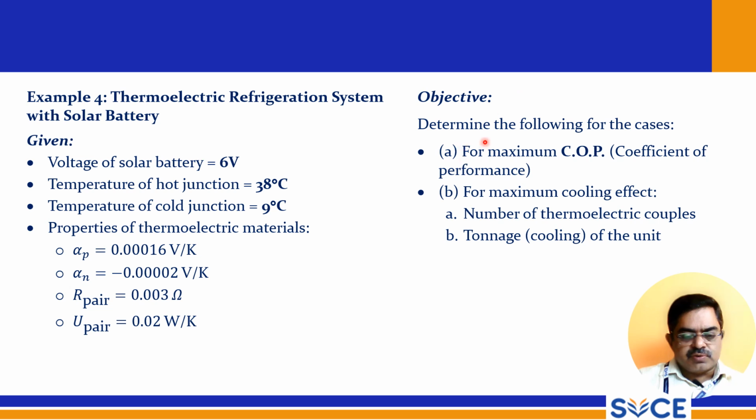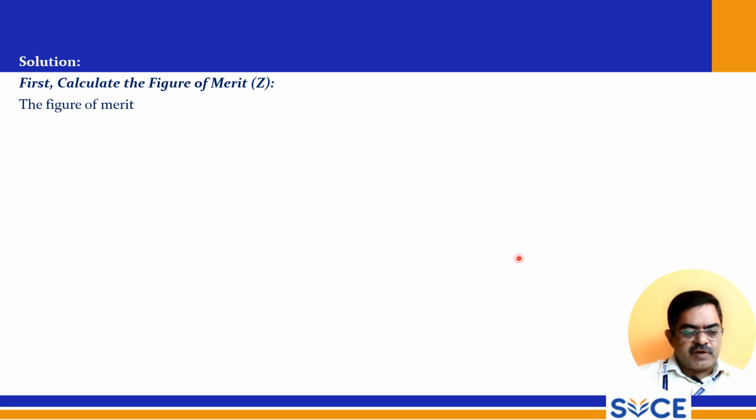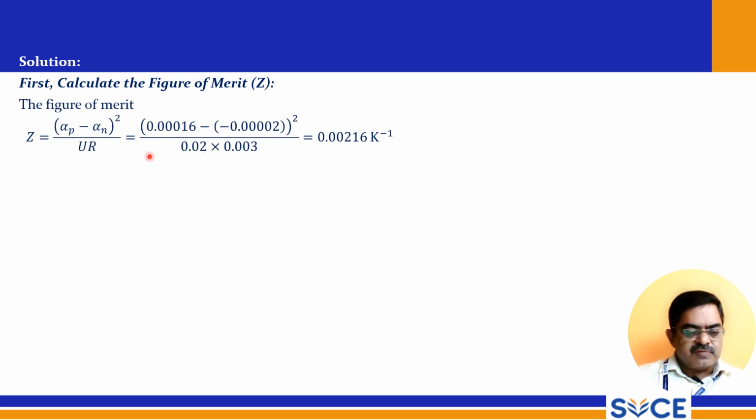So the objective is to determine the following for the cases of maximum COP, coefficient of performance, and maximum cooling effect: number of thermoelectric couples, and tonnage cooling of the unit. So these are the three we have to find. First calculate the figure of merit Z with the given equation, and it is coming as 0.00216 per Kelvin.